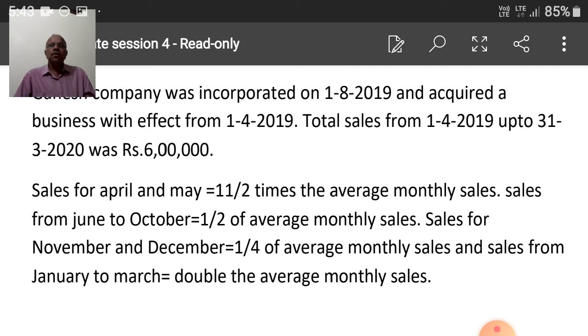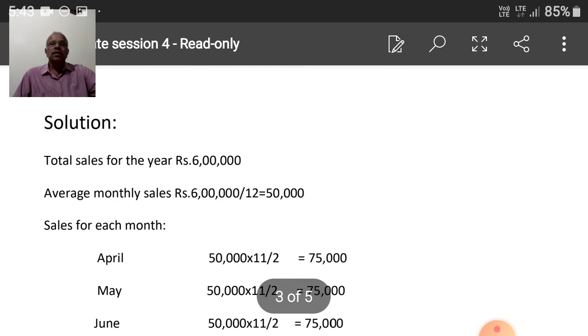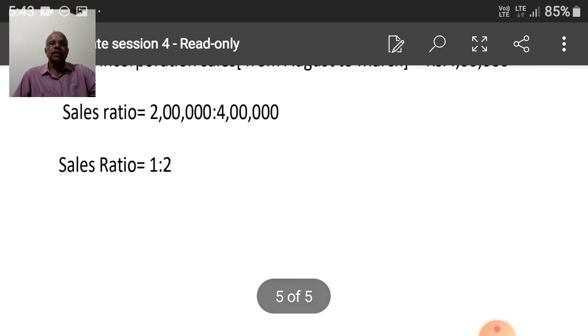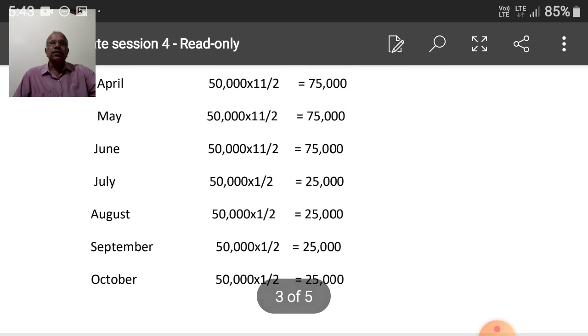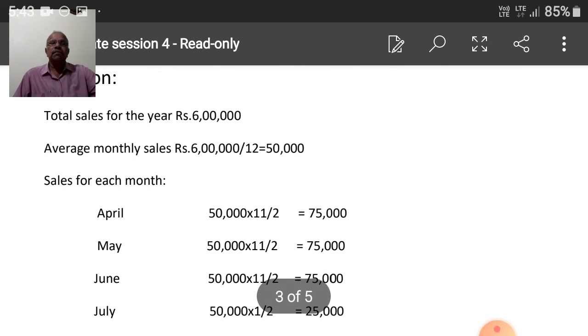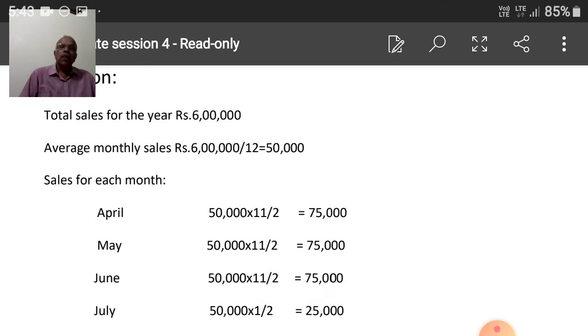Now we need to calculate the sales ratio. Solution: Sales ratio is equal to pre-incorporation sales is to post-incorporation sales.